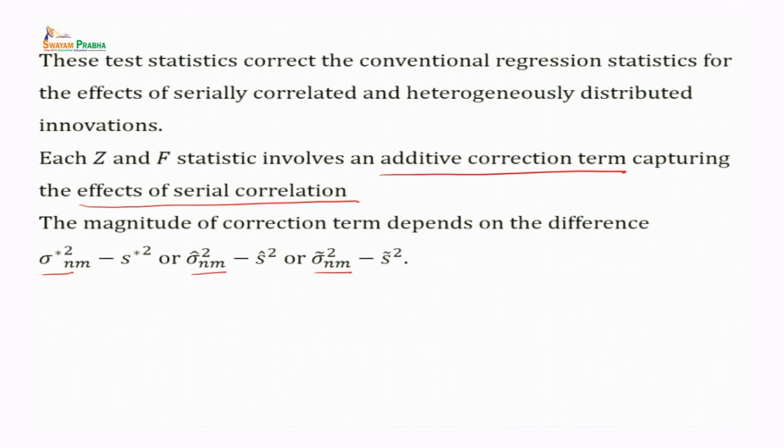So, if this difference is large, the difference between the estimator which takes care of serial correlation and the estimator which does not take care of serial correlation, which is based on independent innovations, then the adjustment factor is also large.